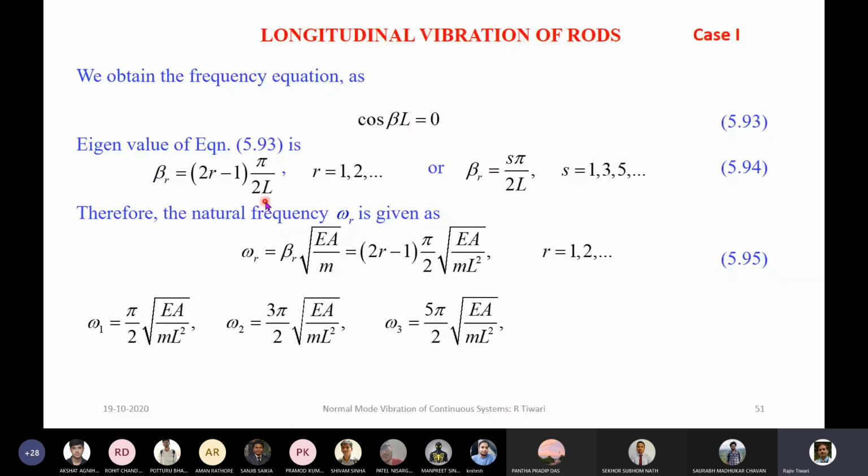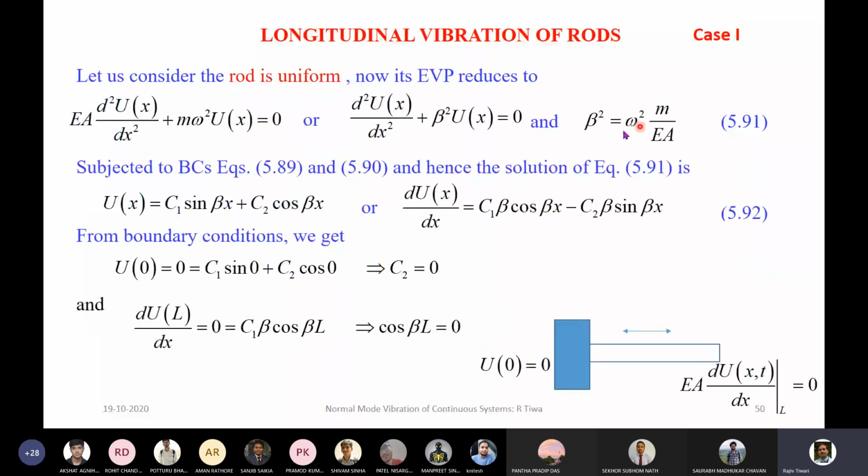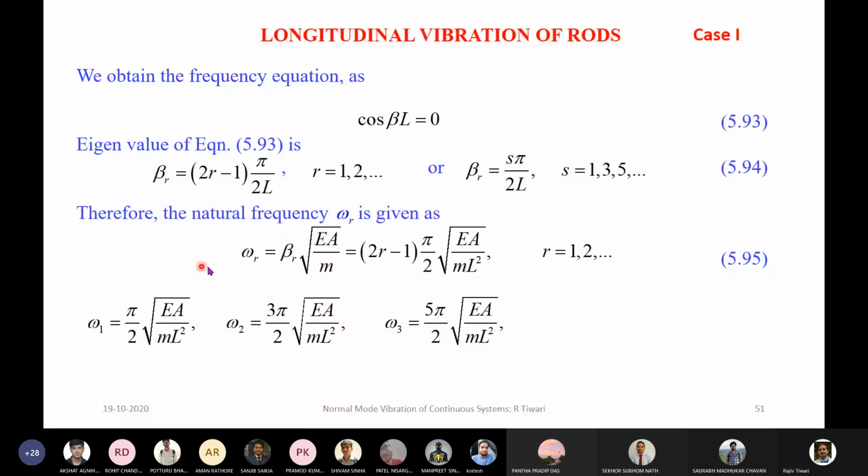So this is the solution for beta. Now beta is related with the natural frequency, as we have seen in the previous case. So now the natural frequency can be written in terms of beta, and beta can be substituted from here.